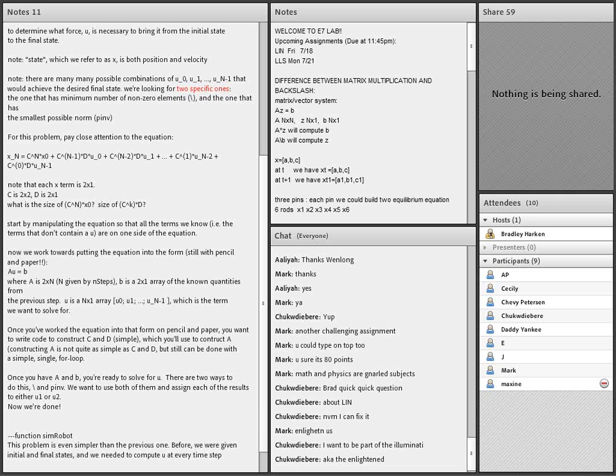Now, in this one, we are given the parameters of mass and time, and we are given the initial state, so the initial position and the initial velocity, and we are also given the array u.